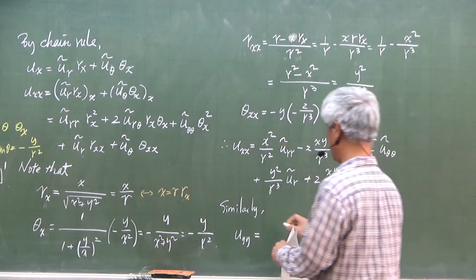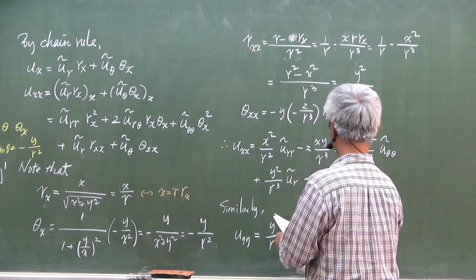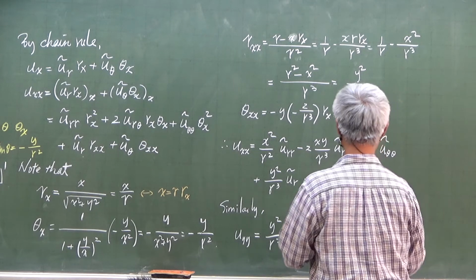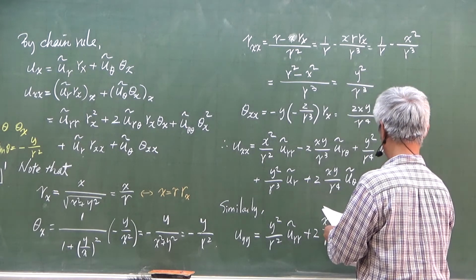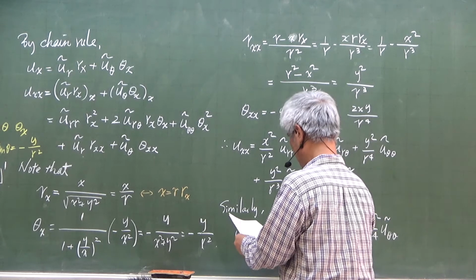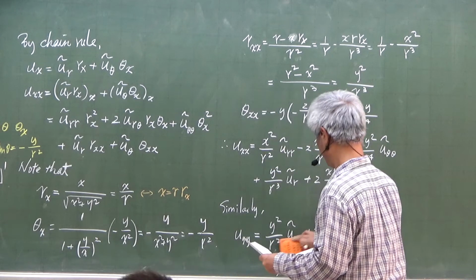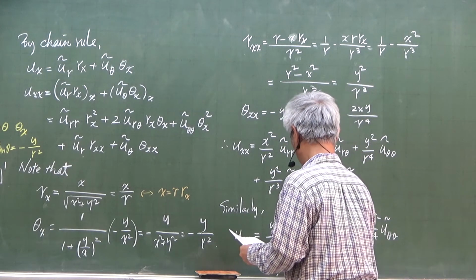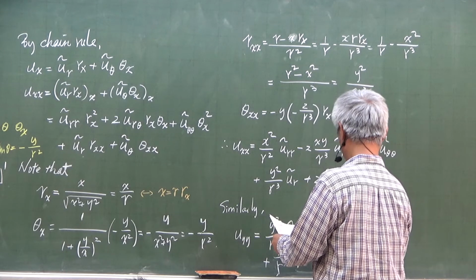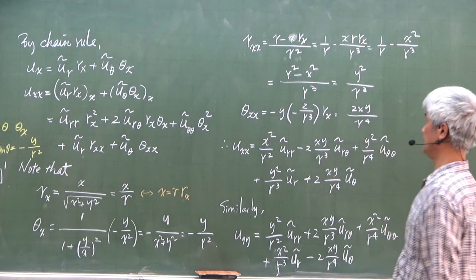When we go over the process, we find that we have y squared over r squared u rr plus 2xy over r cubed u r theta, plus x squared over r to the fourth u theta theta, plus x squared over r cubed u r, minus 2xy over r to the fourth u theta. Okay.